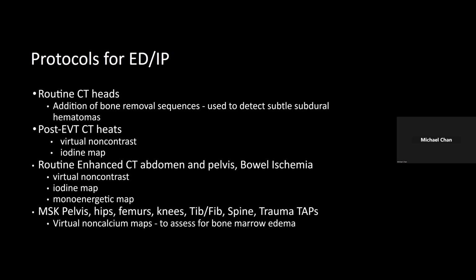And these can help accentuate contrast enhancing structures as well as accentuate things that don't enhance, and also help discriminate between whether a hyperdense structure is due to enhancement or is it due to calcification, etc. And then probably one of my favorite applications is in MSK studies, using our virtual non-calcium maps to create these bone marrow edema images that can really highlight fractures.